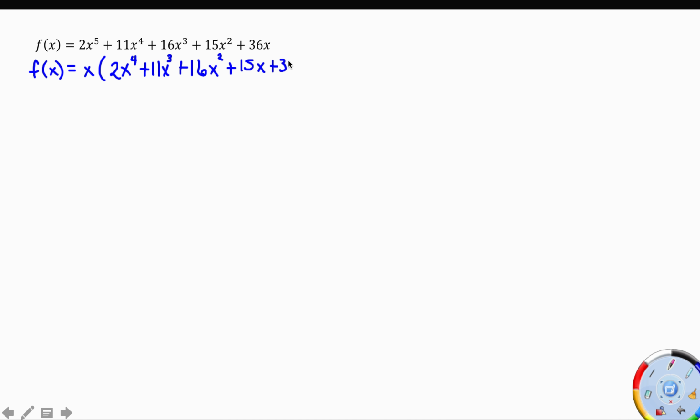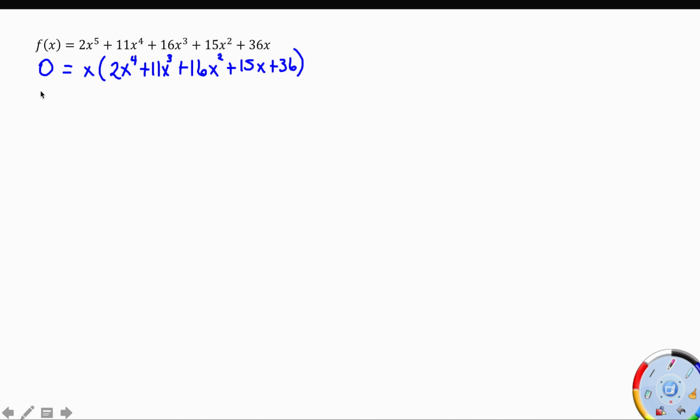Okay, but after that, I can't factor that any further. But I do know if I'm trying to find zeros, and that has to be my instructions, otherwise that'll be a graph, right? But if I'm asked to find the zeros, then I'm trying to solve this equation.